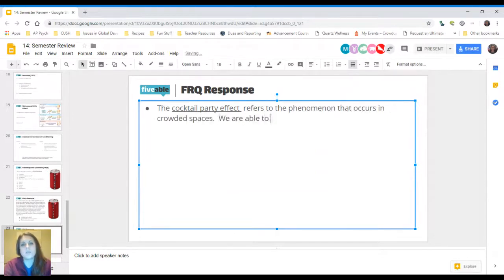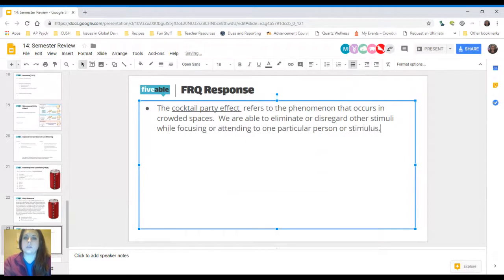We are able to eliminate or disregard other stimuli while focusing or attending to one particular person or stimulus. So that's my definition. I'm talking about the cocktail party effect.